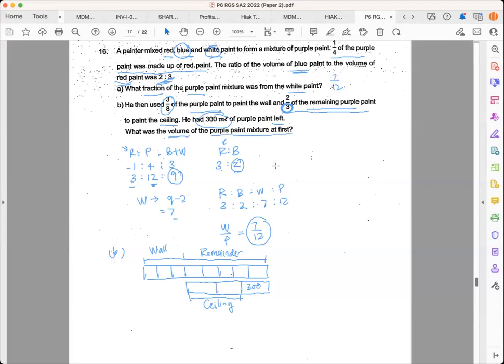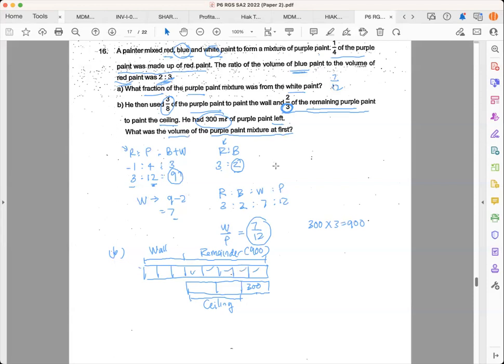So we are talking about the entire model, how much it is. This is a very simple remainder concept to apply, to solve. So 300 multiplied by 3, 900, that will give you the entire remainder. And 900 consists of 1, 2, 3, 4, 5.